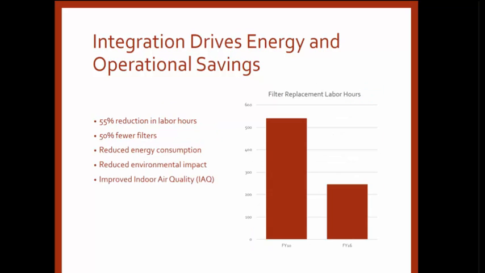Here's another example of how integration drives energy and operational savings. In addition to pushing the run hours from the pumps and motors, we also started measuring differential pressure across air handling unit filters. First we started procuring better quality filters, and then the building automation system measured what the pressure drop was across those filters. When they plug up to a certain level, it automatically pushes the data into our work order system, which generates an automatic ticket and allows the preventative maintenance team to respond to those tickets.